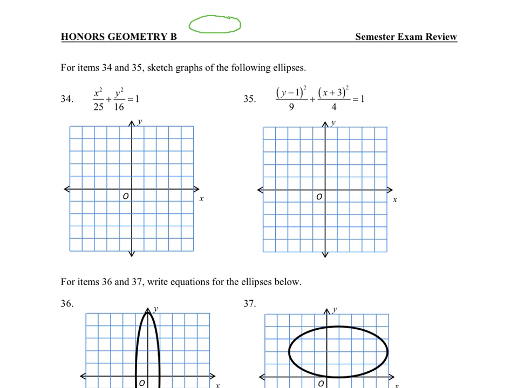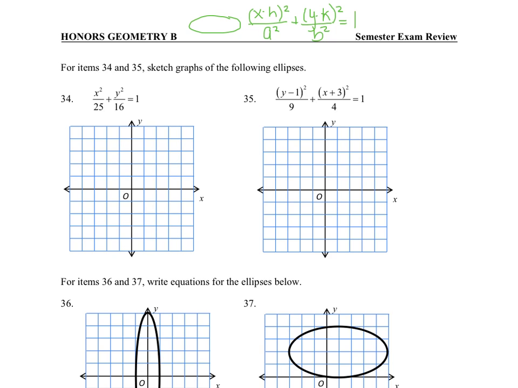We have horizontal ellipses, where (x minus h) squared over a squared plus (y minus k) squared over b squared equals 1. So for ellipses, the a, which is going to give us the vertices, is going to be under the variable that the axis is parallel to.